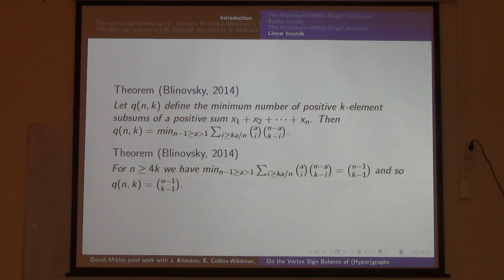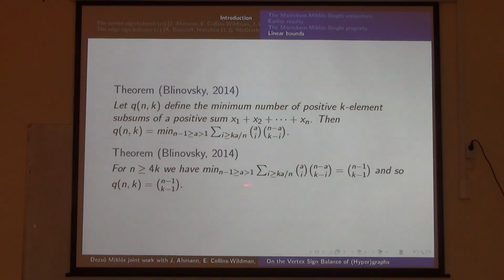This not so beautiful sum form, if you think a little bit about it, is exactly the number of positive k-subsums if there are a positive and n minus a negative numbers. You take the number of them and you minimize it over all the possible ways. And that was one of his theorems.